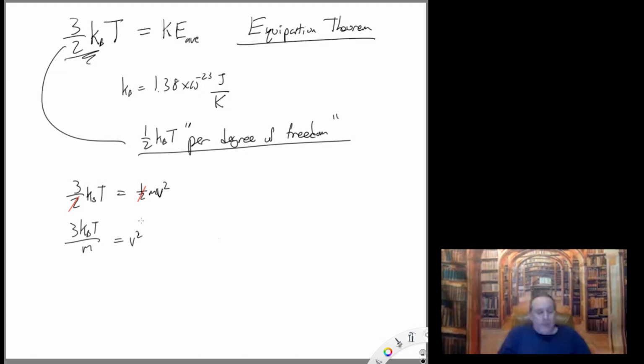Now the problem is that in the real world there are lots of different velocities, and we have to average over all of them. But when we average over the velocities, we get 0 because half of the particles are moving to the right and half are moving to the left. So we have to figure out a way to make sense of this.